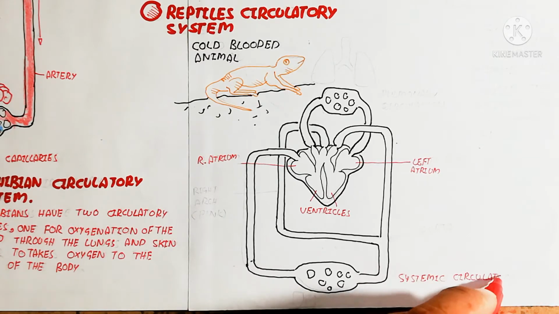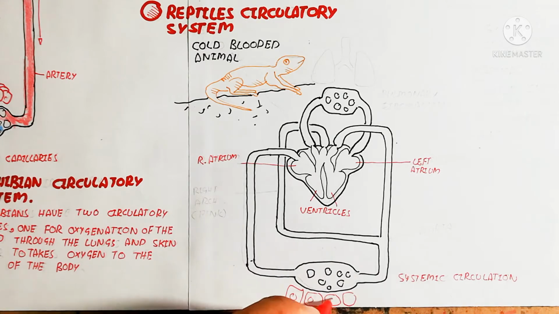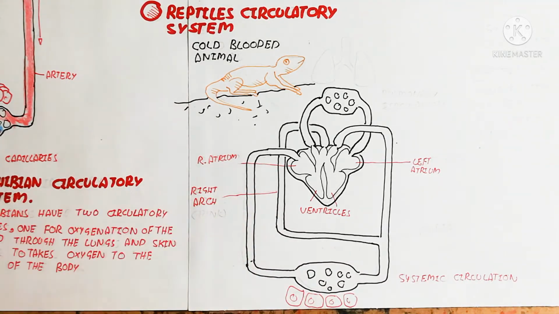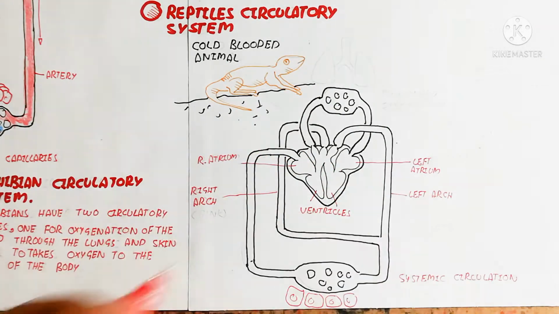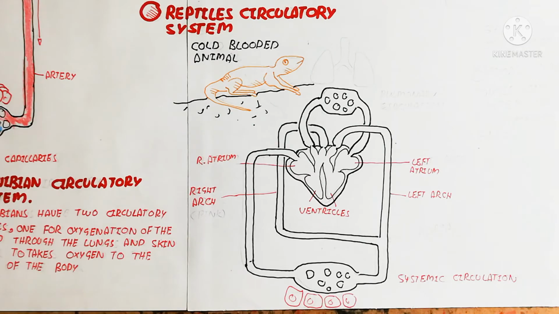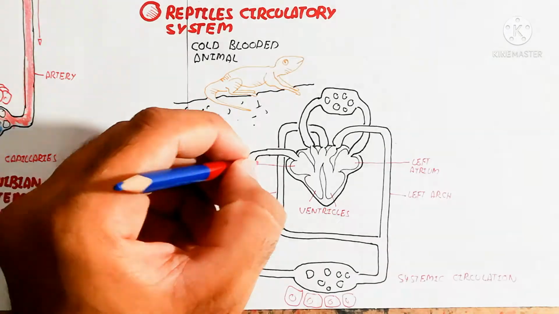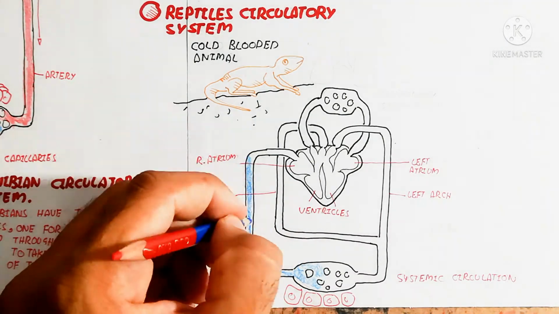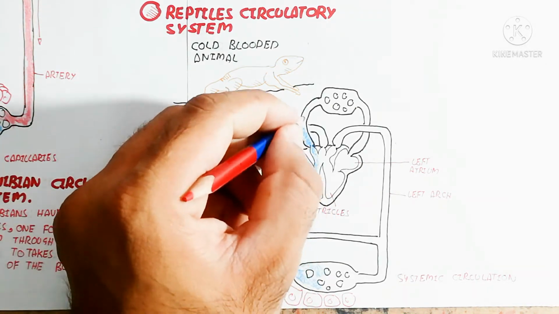Here are the left atrium and right atrium, and the left ventricle and right ventricle, which are partially divided, as you can see in the figure. First of all, we should understand the oxygenated and deoxygenated blood.